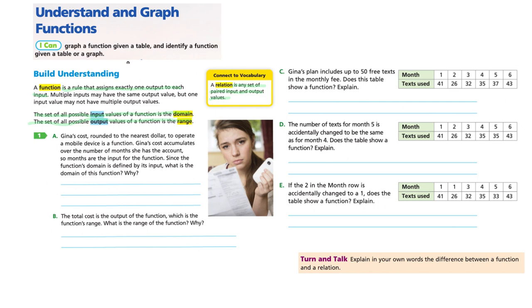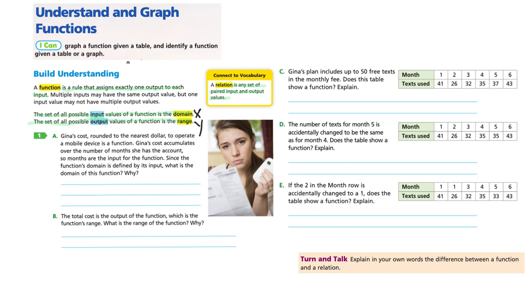So those are important things to remember also. And one thing that you might think about is a lot of times people think of the domain as the x coordinate and the range as the y coordinate if you're thinking of it in terms of a graph. So let's look at the questions that we have here.